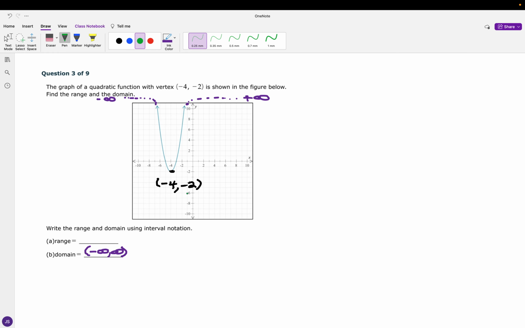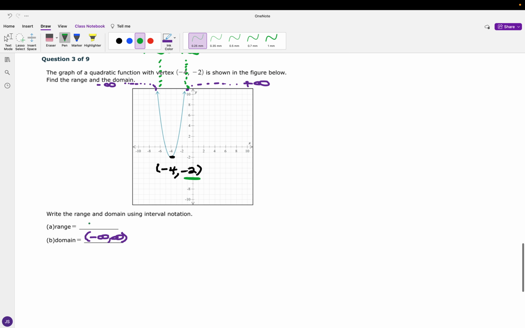So we have the minimum y value situated at negative 2, and from negative 2, notice as the graph opens up, the y value increases from negative 1 to 0, 1, 2, continuously increasing throughout. We have y approaching positive infinity.